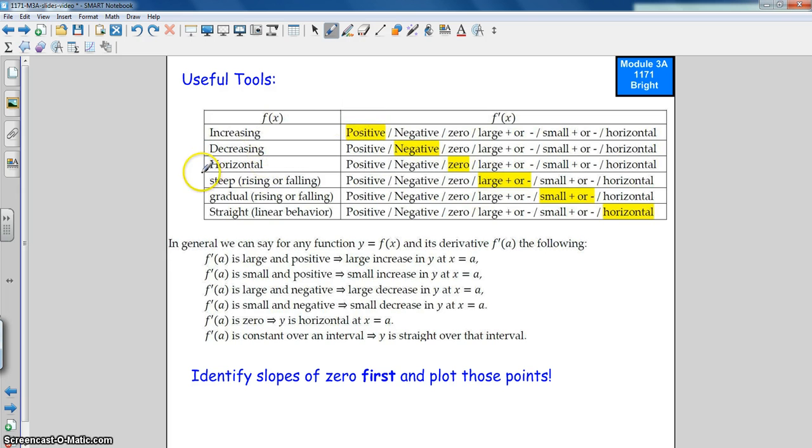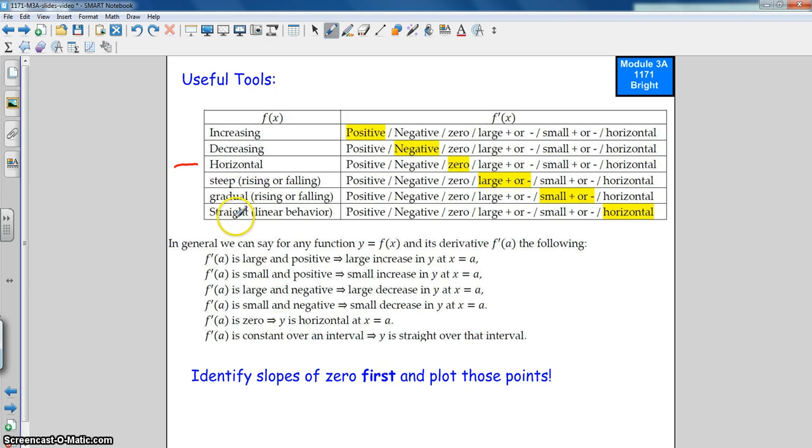So think of this as a slope of 0. Okay, so the rate of change is 0. If it is decreasing, i.e. the slope is negative at the point, well then f prime is negative. If it's increasing, positive, and then similarly with all these.